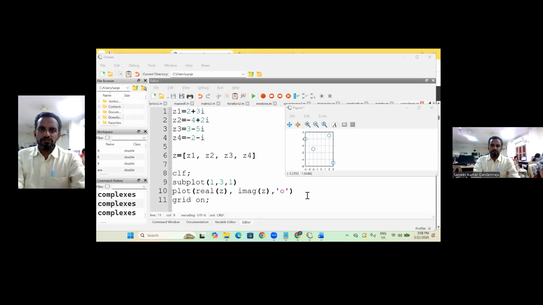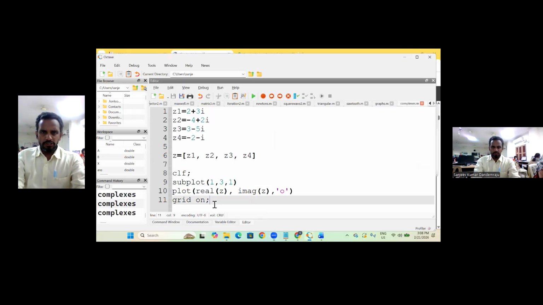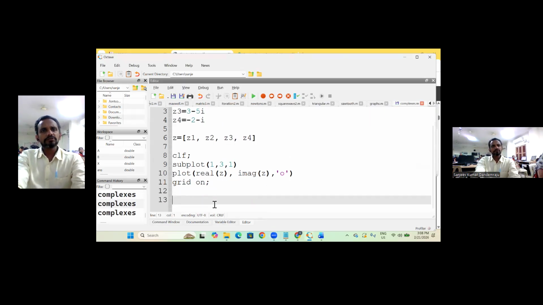Right. So now I want this subplot 1 comma 3 comma 2.